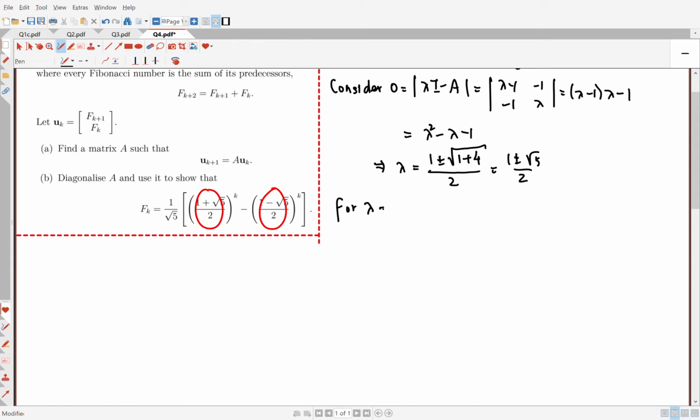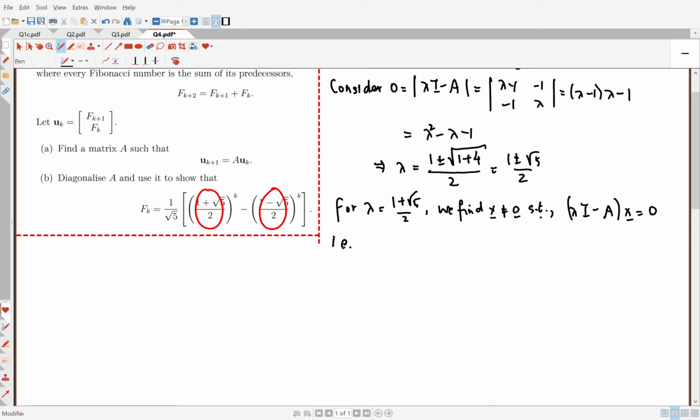Okay, for lambda equals 1 plus root 5 over 2, say the one with plus first, we find x that is not 0 such that lambda I minus A, in brackets, x is equal to 0.